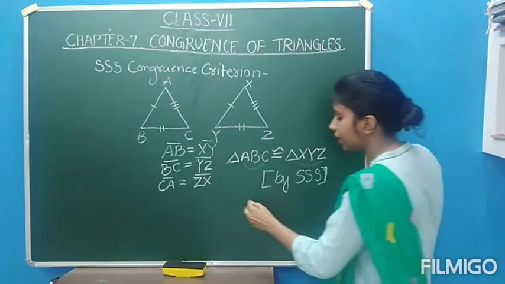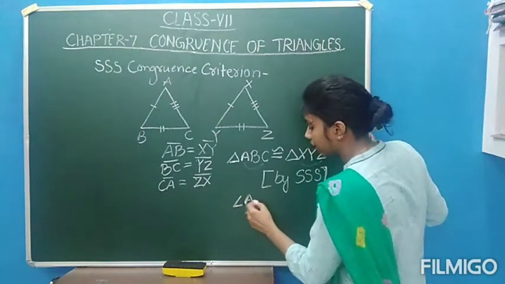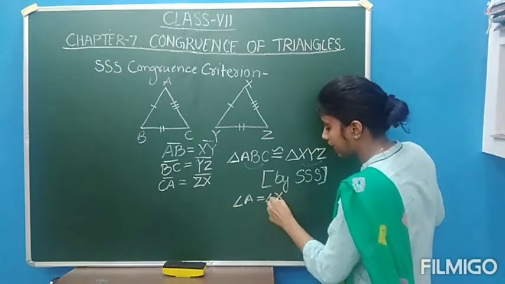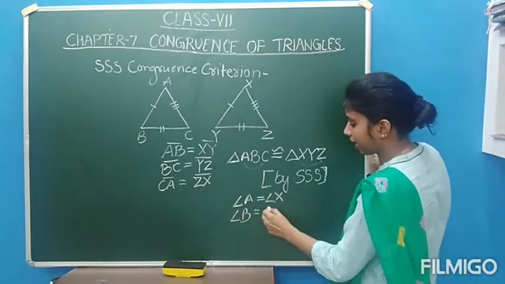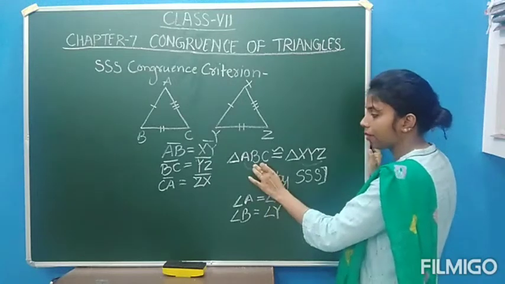We can say that angle A is equal to angle X, and angle B is equal to angle Y. Here we have angle B at the middle.